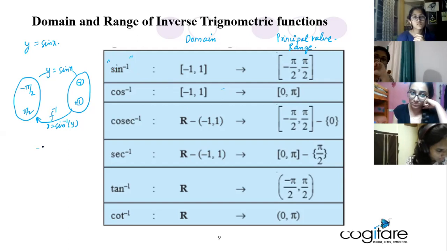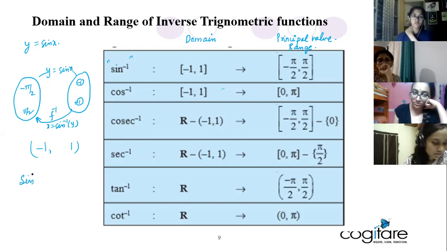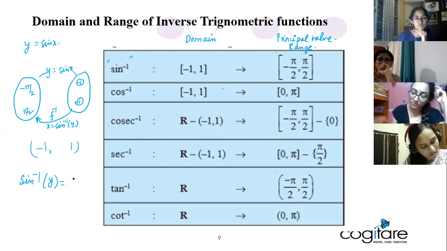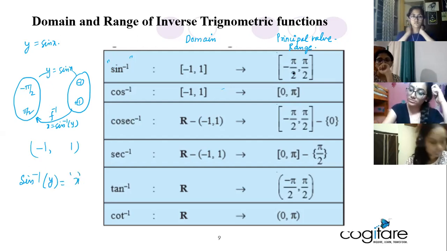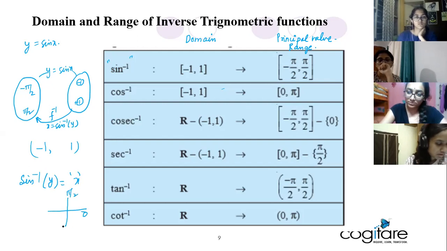Because minus 1 to 1, all the values are coming within this minus pi by 2 to pi by 2. So if you're doing the sine inverse of some value, you should not get an x that does not belong to this domain. Minus pi by 2 to pi by 2 means you should visualize: this is 0, pi by 2, this is minus pi by 2. So your angle should be in this part.